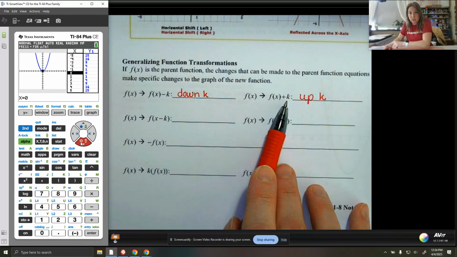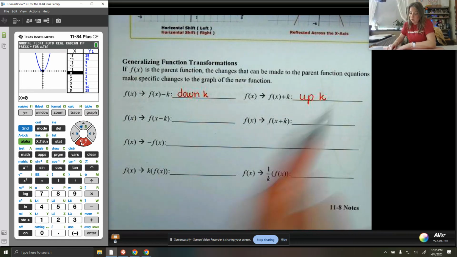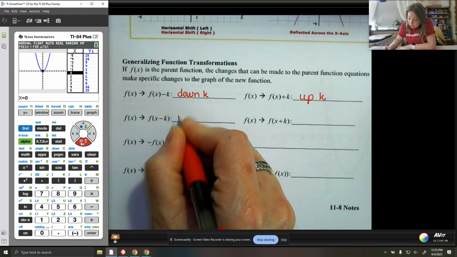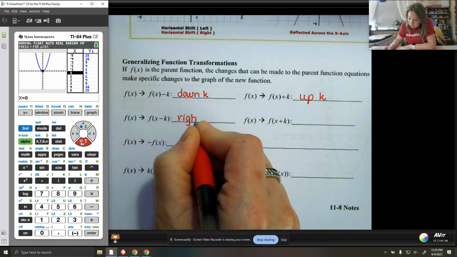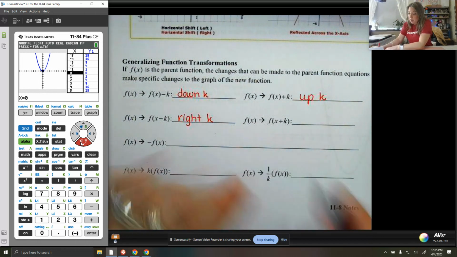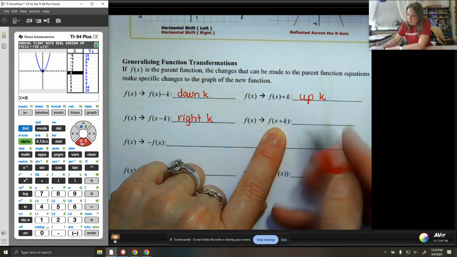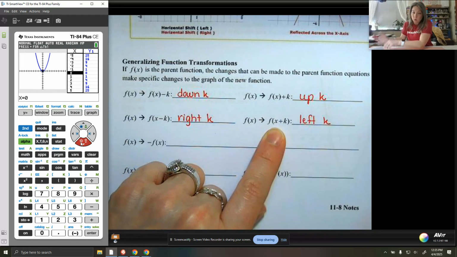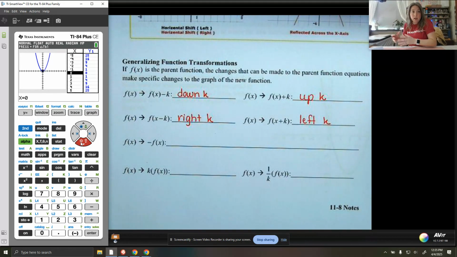If it's a plus 5 at the end, we go up 5. Inside the parentheses, negative is right k number of places, and that changes the vertex. And inside the parentheses is left if we add k. So that goes left k number of places. And what that does is it changes the vertex from that 0, 0 to negative k or positive k, depending on left or right.